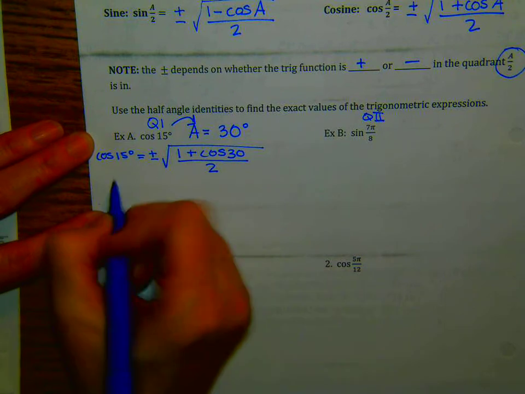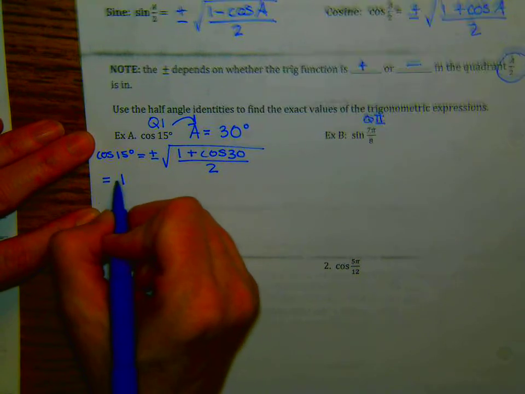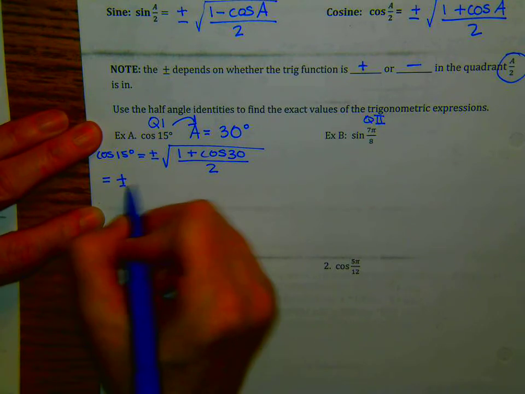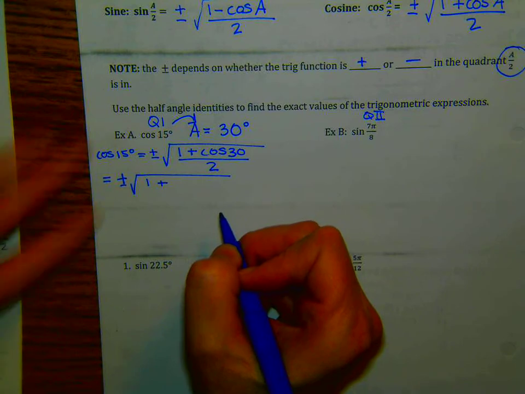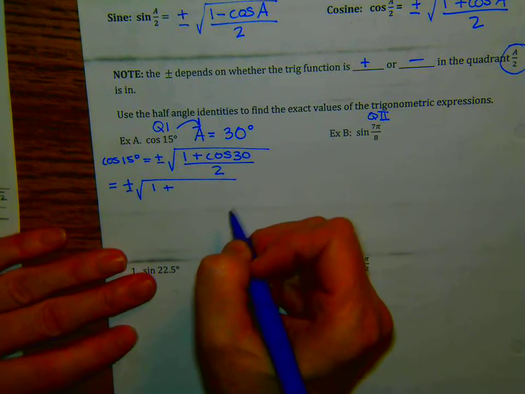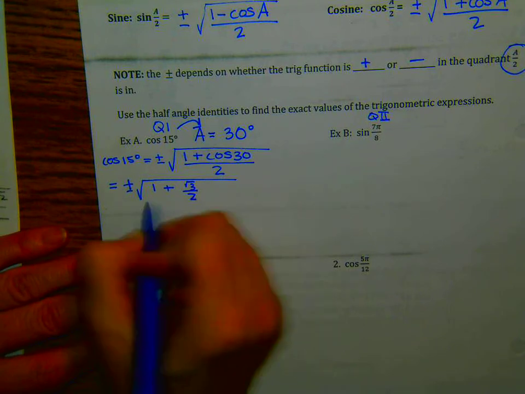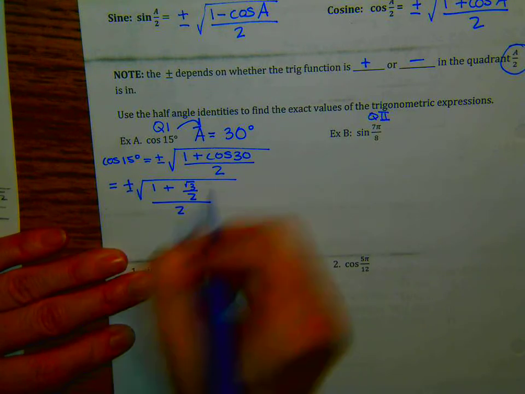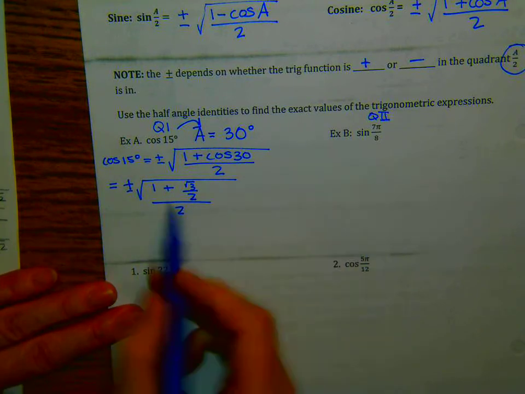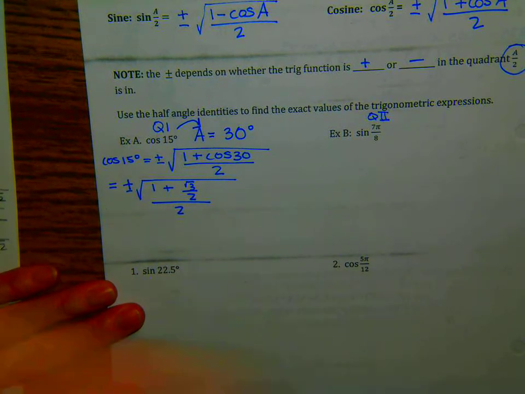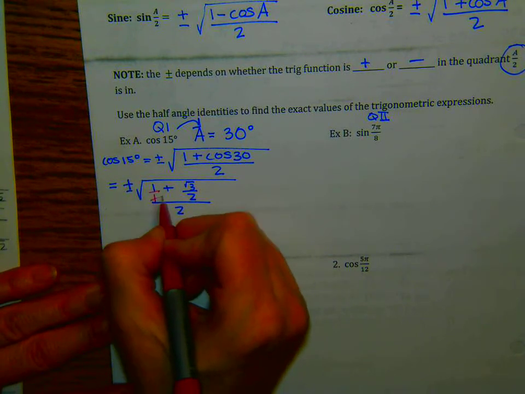All right, solve it. We have positive or negative, well, we know it's positive, so just 1 plus, what is the cosine of 30? Well, the cosine of 30 degrees is radical 3 over 2, and we put this all over 2. Notice the whole thing is under the radical sign. Now I'm going to start solving this. I have to add this numerator, and I need to get common denominators.